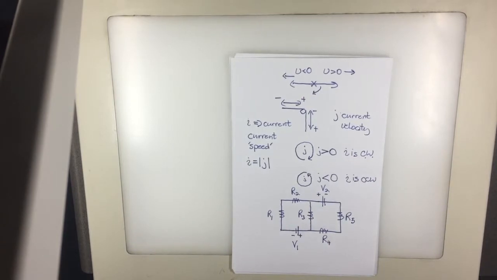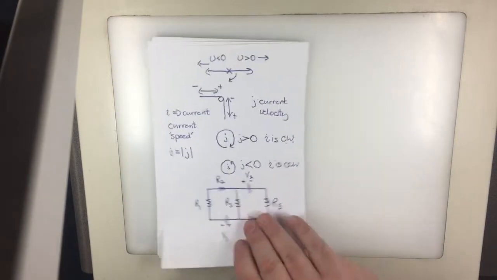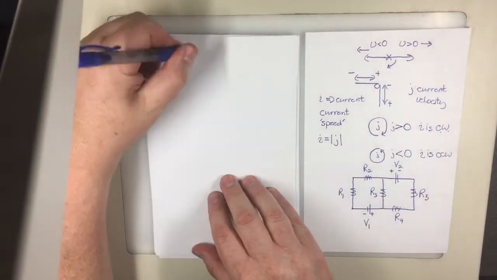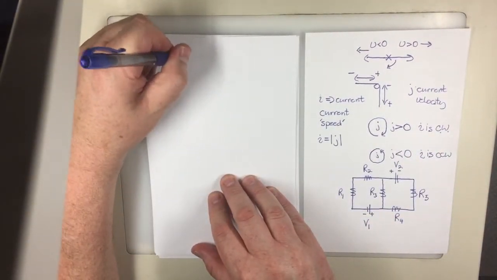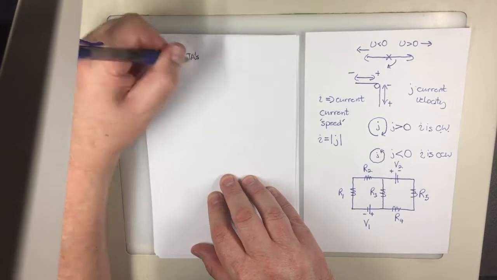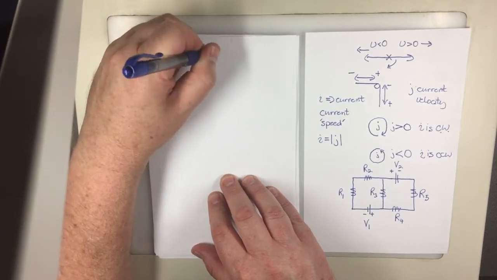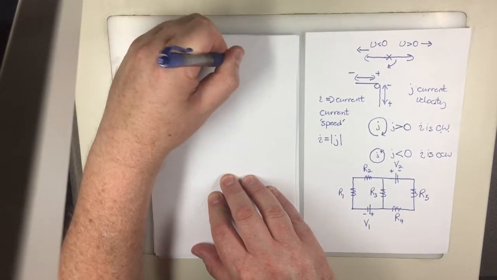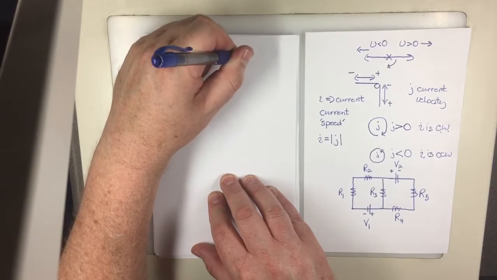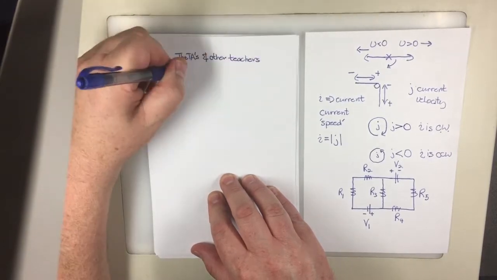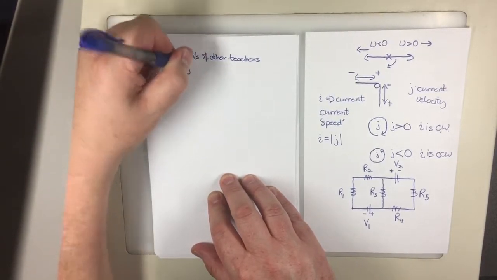For something like this, we do not use a ground. The ground doesn't really matter, and we're going to get to that in a little bit. And so you have an assortment of resistors. The TAs and other teachers try to make it too complex.